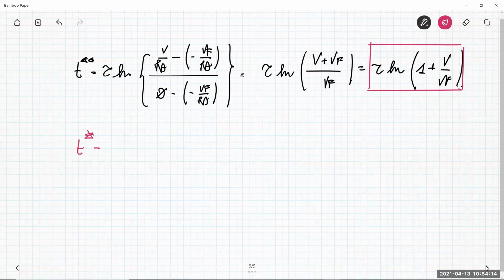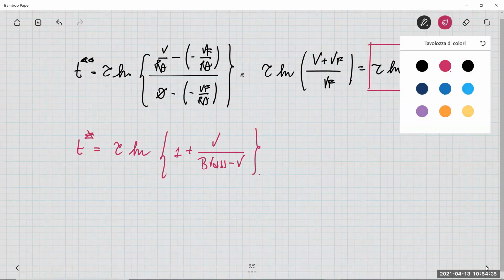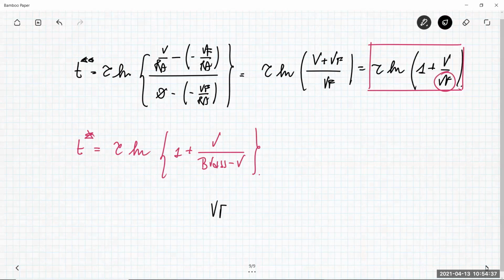T star is tau, natural logarithm of 1 plus V. And so the only difference is that you can have BVDSS minus V here. So if you compare this quantity, you have here VF, and then we have BVDSS minus V.